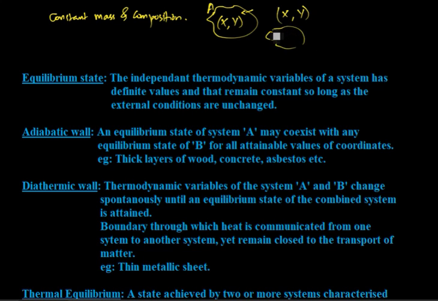That is, if you are having another system here, then the equilibrium state of the system A will depend on this system also. If it is B, if there is another system C here, then the equilibrium state of A will depend upon the presence of the systems B and C, and also on the nature of the wall separating the system and its surrounding, or system and different other systems.